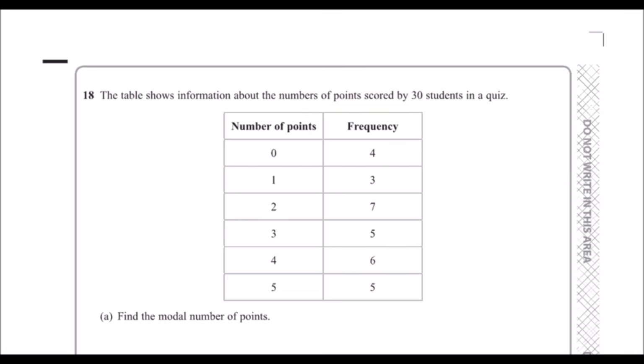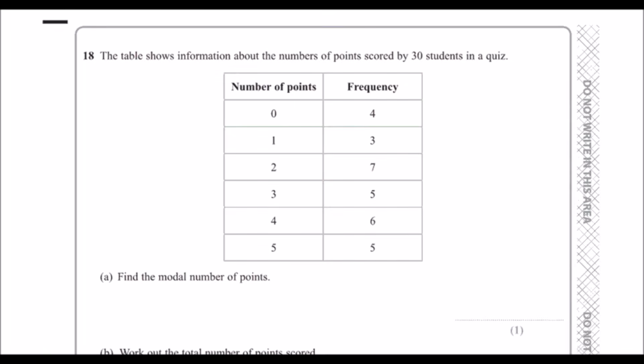Question 18. The table shows information about the number of points scored by 30 students in a quiz. So 4 students scored no points, 3 scored 1, 7 scored 2 points, 5 students scored 3 points, 6 students scored 4 points, and 5 students scored 5 points.